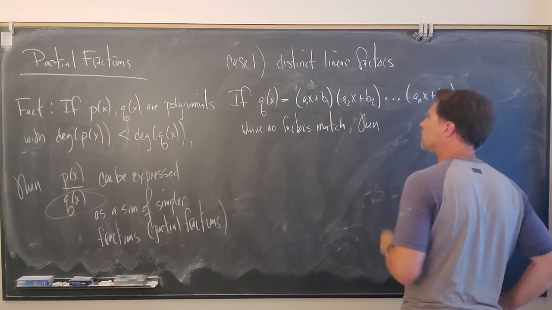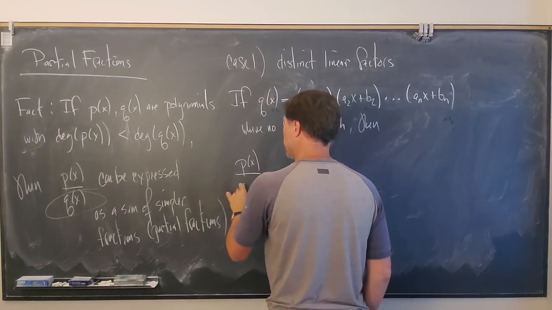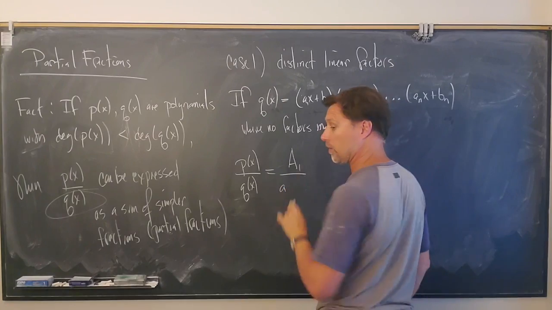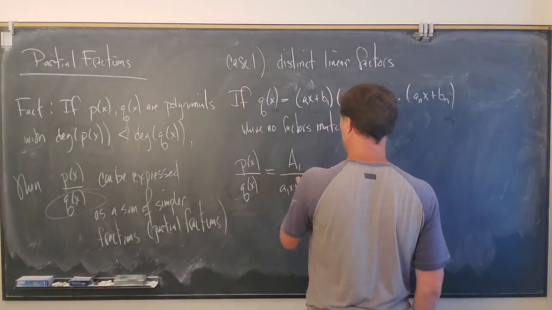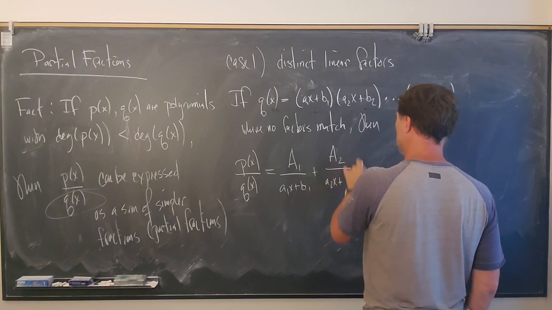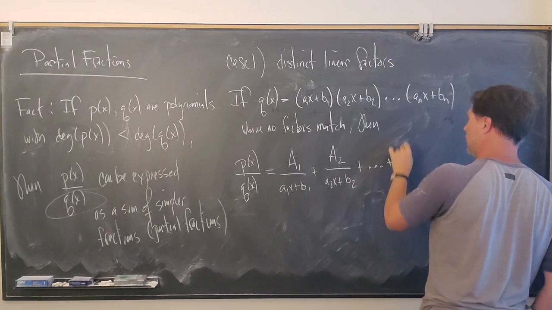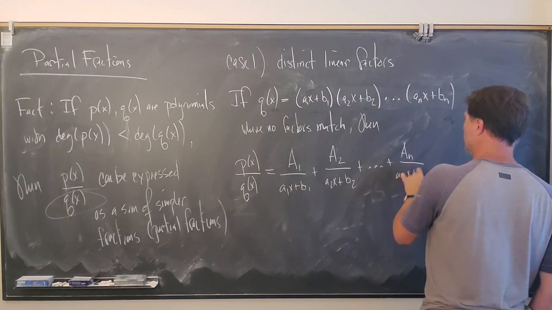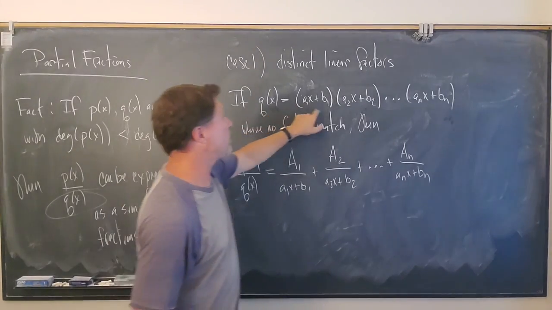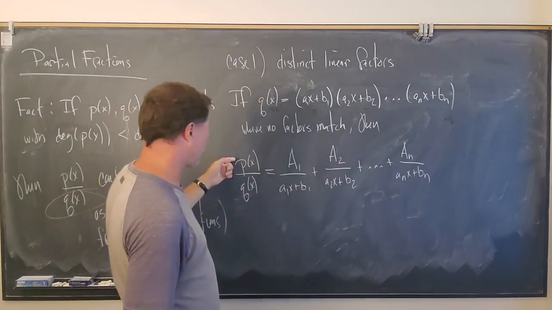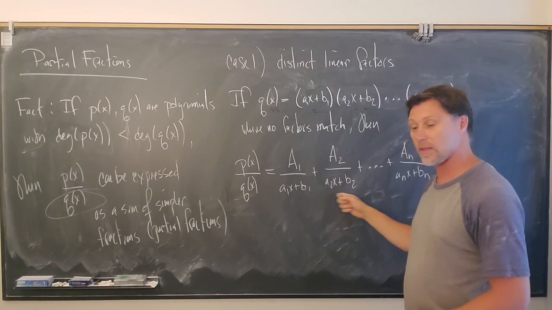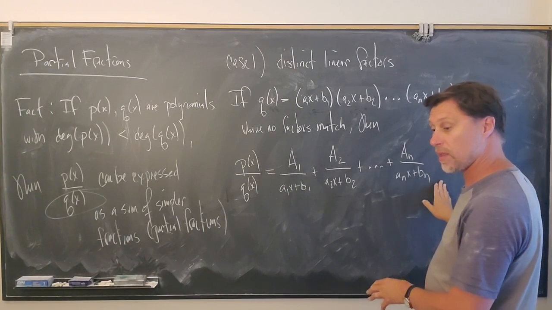Then our rational function p of x divided by q of x is equal to capital A1 divided by little a1x plus b1, plus capital A2 divided by a2x plus b2, plus dot dot dot, plus capital An divided by little anx plus little bn. So if you can factor the denominator completely into degree 1 pieces, then the rational function can be expressed as a constant divided by the first factor, plus another constant A2 divided by the second factor, plus dot dot dot, a constant divided by the last factor.